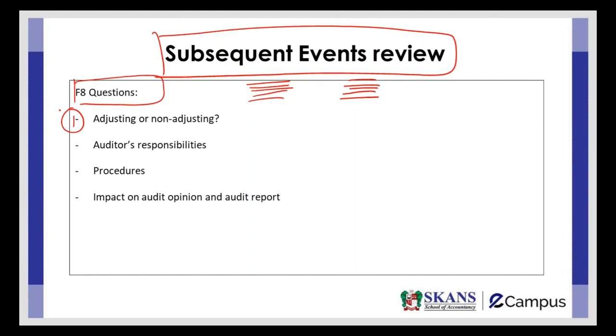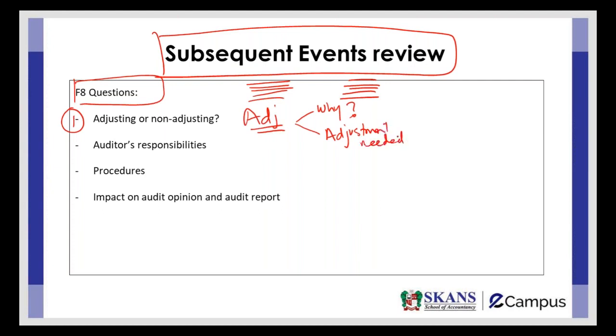And I want you to pay attention, guys. When you're asked for adjusting or non-adjusting, if it's an adjusting event, there are 2 things you have to do. Explain why, because these conditions existed at the year end or at the balance sheet date. You have to explain why you're classifying this as an adjusting event. And you will have to tell me what adjustment is needed.